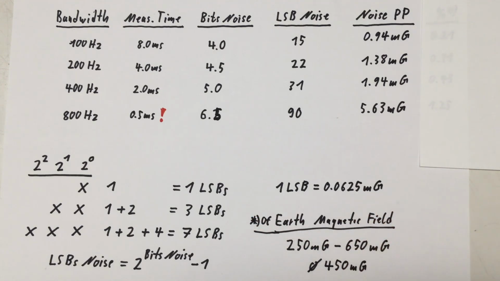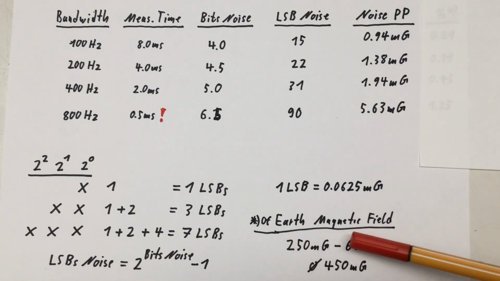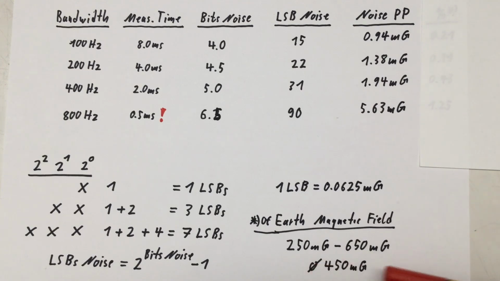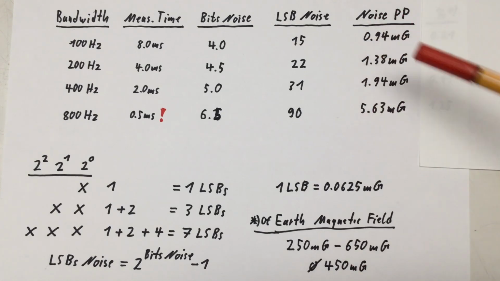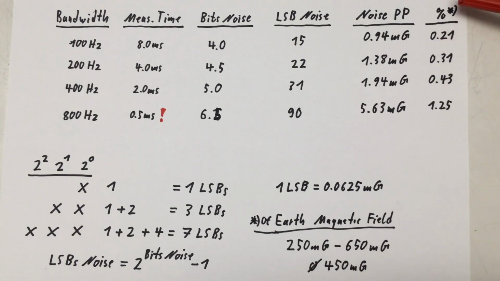Now, the strength of the Earth's magnetic field varies. It depends where you are, but it's between 250 milligauss and 650 milligauss. So let's take the average 450 milligauss and calculate the percentage of our peak-to-peak noise to the average Earth magnetic field. This gives us these percentages. In 100 Hertz mode, our noise is only 0.21% of the Earth magnetic field.